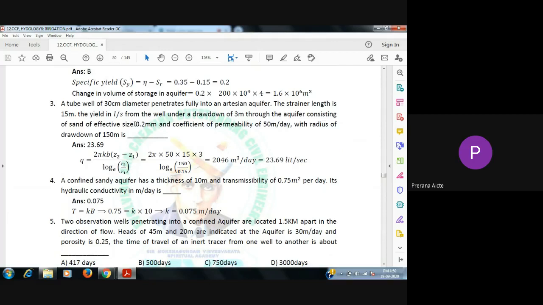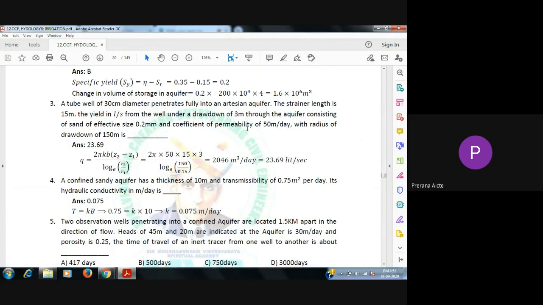The yield is in liter per second from the well under a drawdown of 3 meters through the aquifer consisting of sand of effective size 0.2 mm and coefficient of permeability 50 meter per day, with radius of drawdown of 150 meters. The point at which the drawdown is 0 is called the radius of influence. That may not come into the picture now, but remember that.